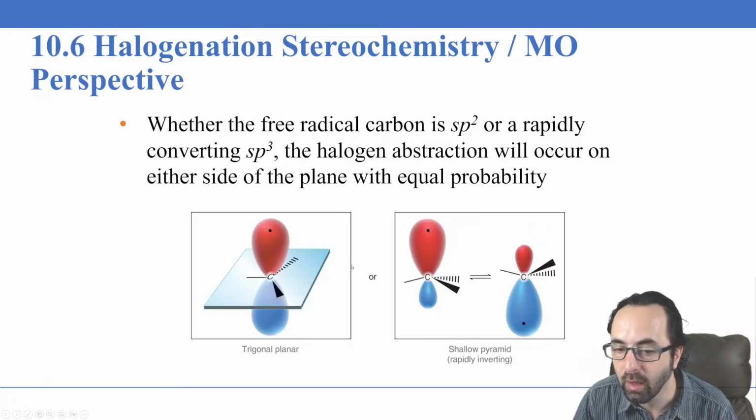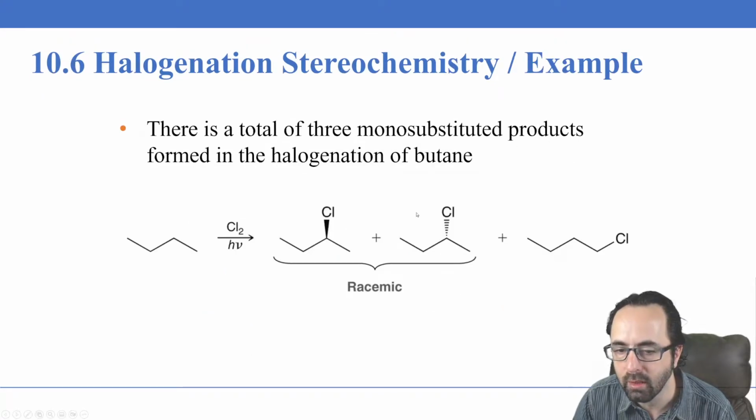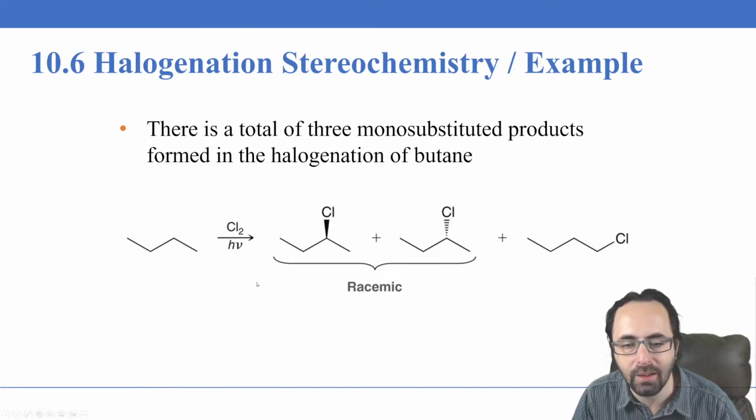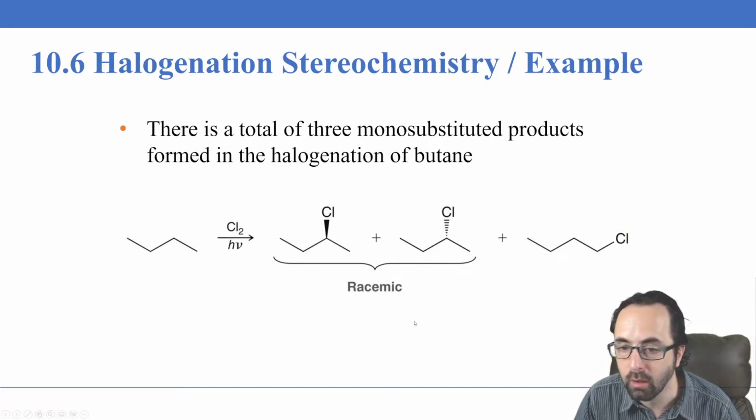And that's why when we finally have the coupling with the chlorine, it can happen equally from either side, essentially. And so we get this racemic mixture here. So let's say this is a question on a test, and I give you this guy here, and I say, what are you going to get? What are the products? The products will be a chlorination at the secondary position with a racemic mixture, and chlorination at the primary position. So all three of these will be significant products.